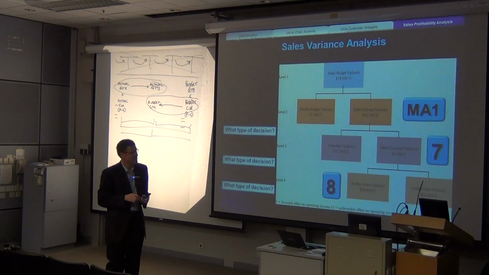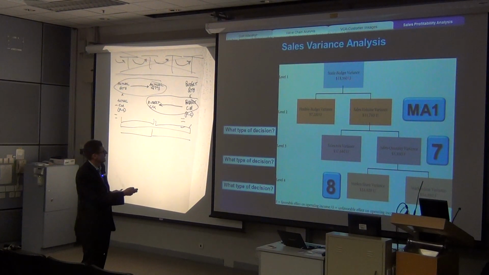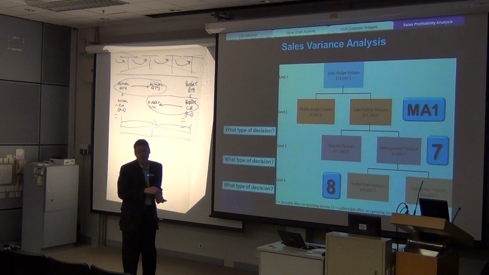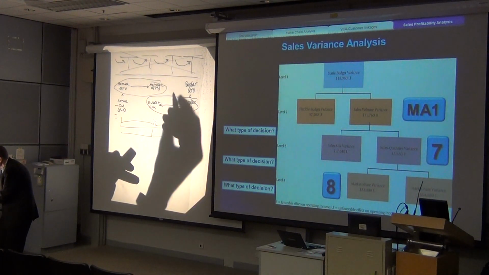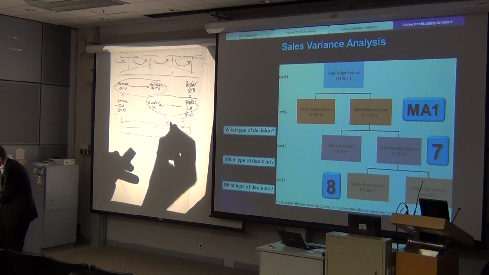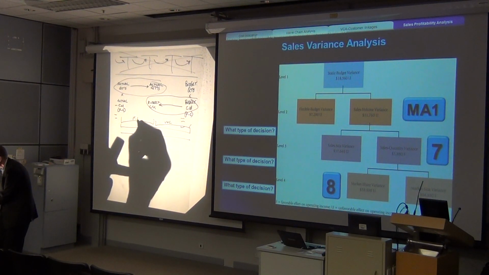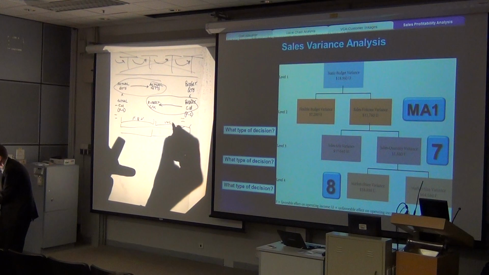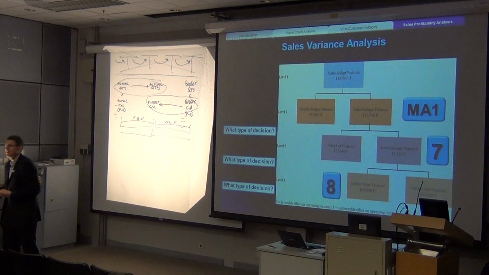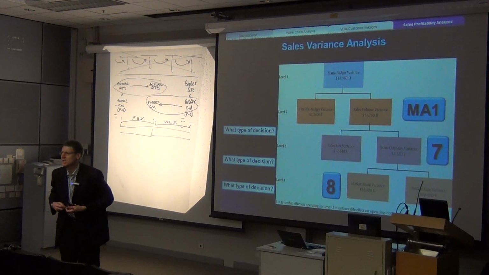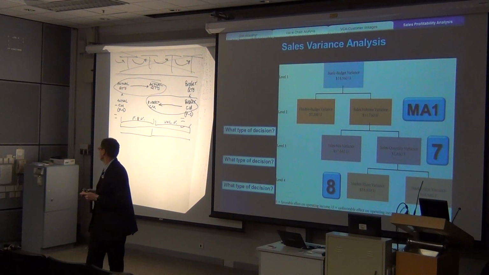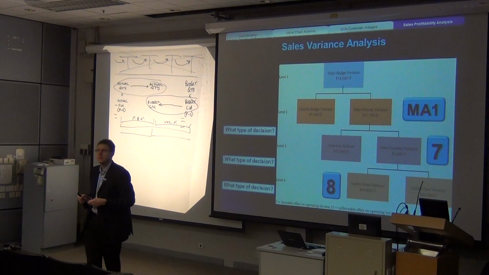Okay? So in Management Accounting 1, we got a flexible budget variance and a sales volume variance. What do we mean by that? Well, guess what? Here's your volume variance and here's your flexible budget variance. There you go. That's your Management Accounting 1 revision.